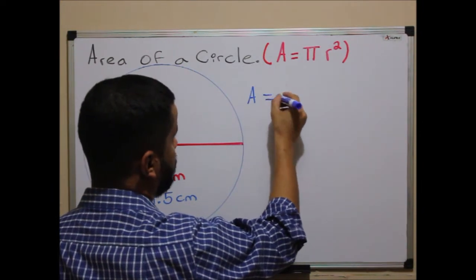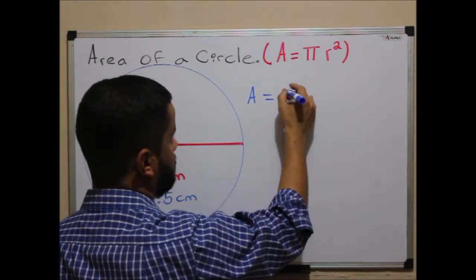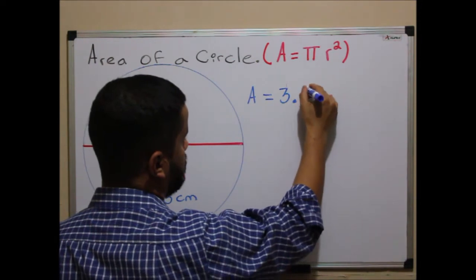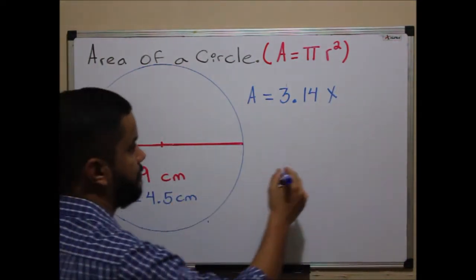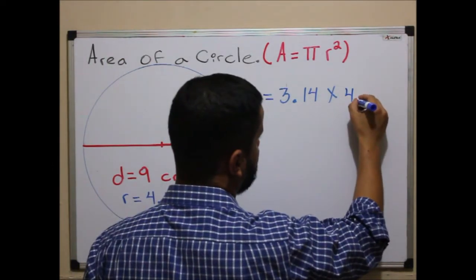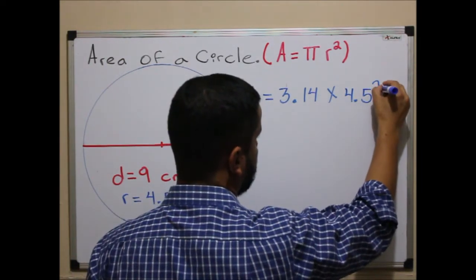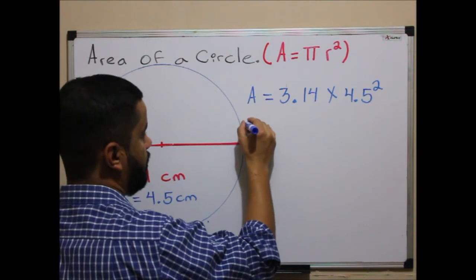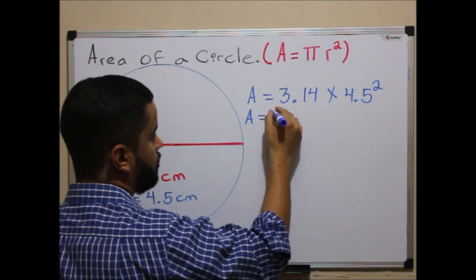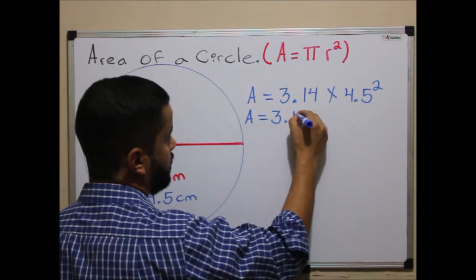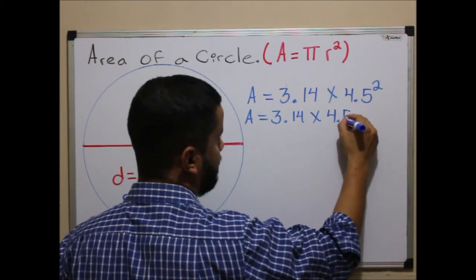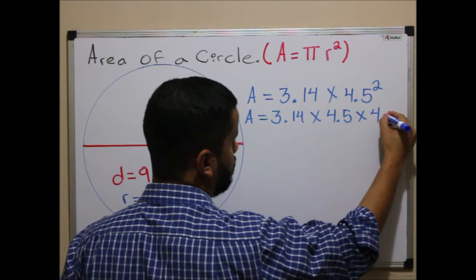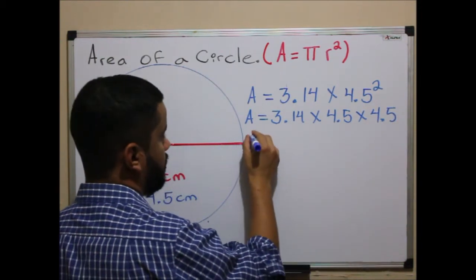Area equal to the value of pi, that is 3.14, times the radius, that is 4.5 squared. Now we're going to have area equal to 3.14 times 4.5 times 4.5.